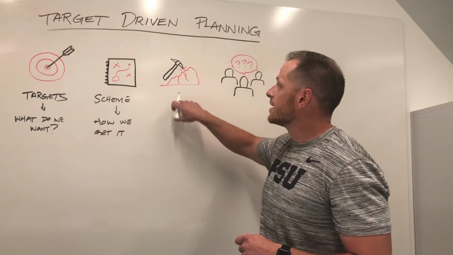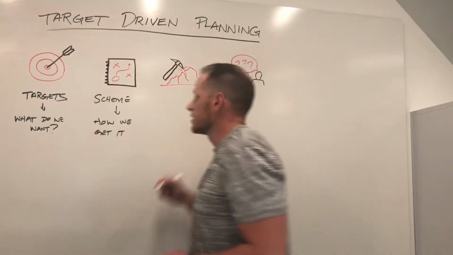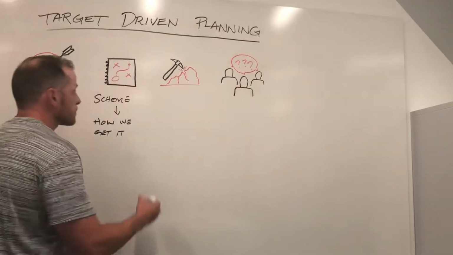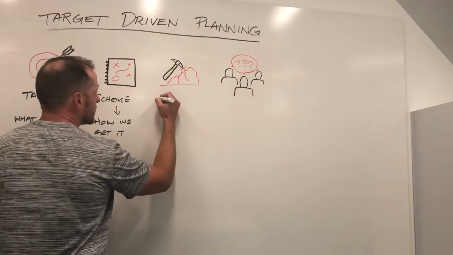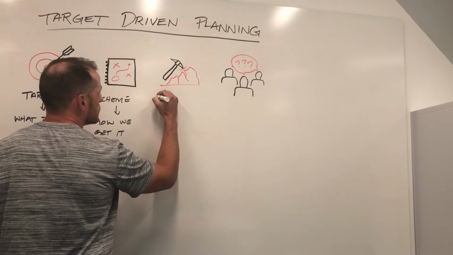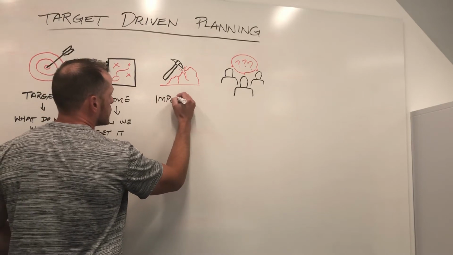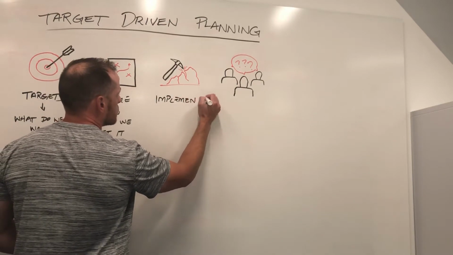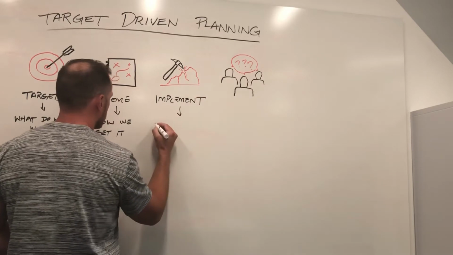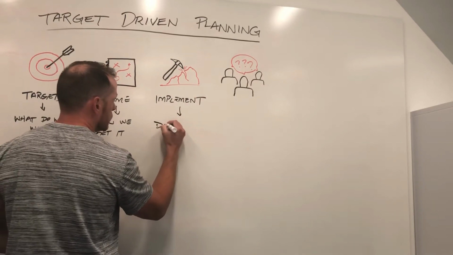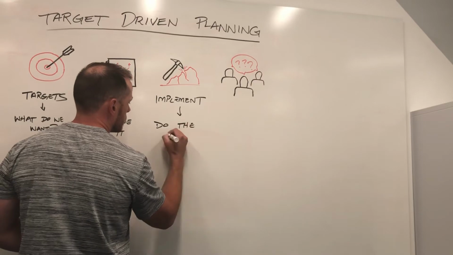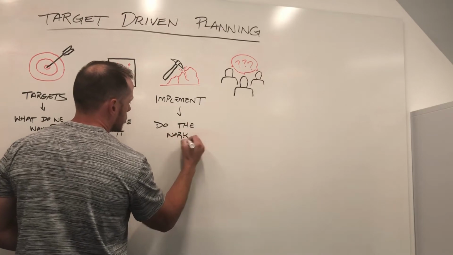Step 3 in the planning process is probably the simplest one, at least in theory, and it's to implement our plan. Think of this as, do the work.